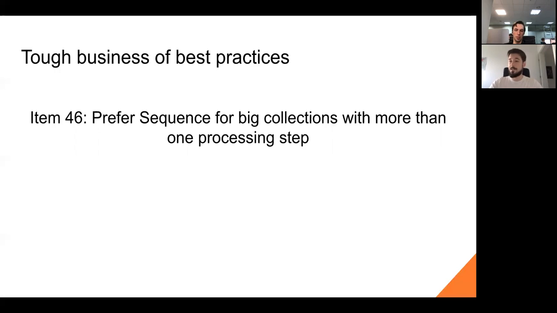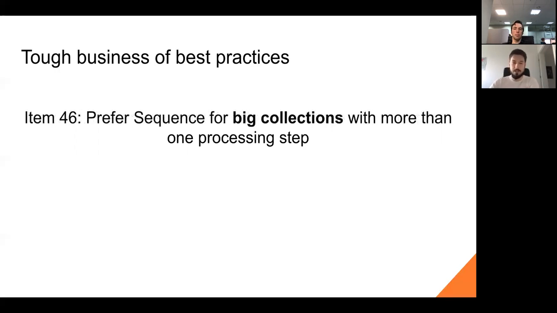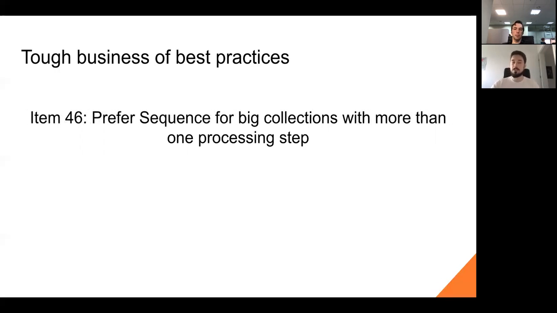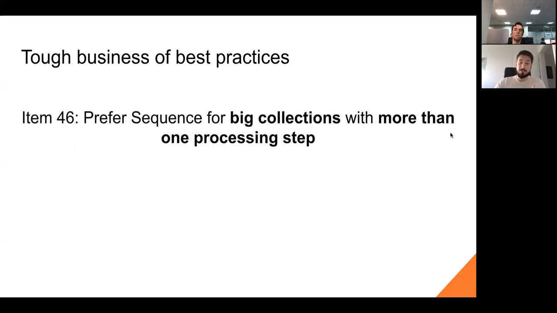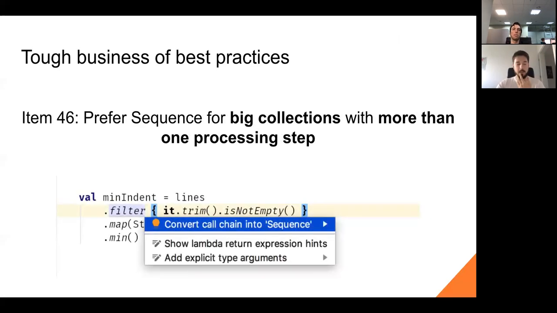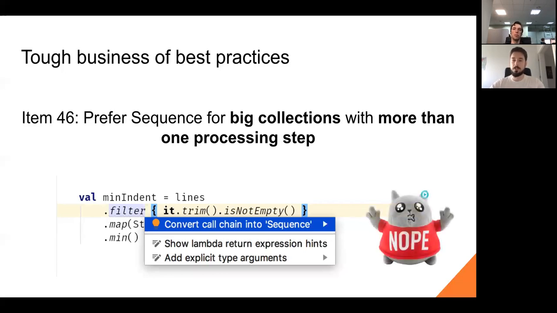Notice that it does not mean that we should use sequence everywhere. There was such a suggestion, and this suggestion has two important parts. We need to have a big collection and more than one processing step. It does not mean any collection, and the warning that was introduced to convert every collection processing into sequence is not what this suggestion suggests.